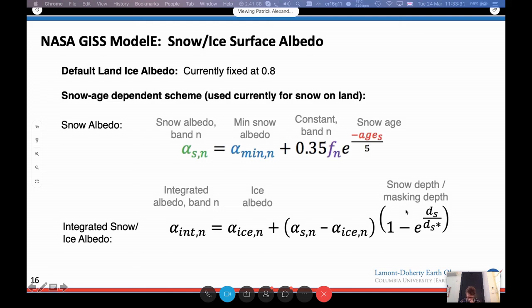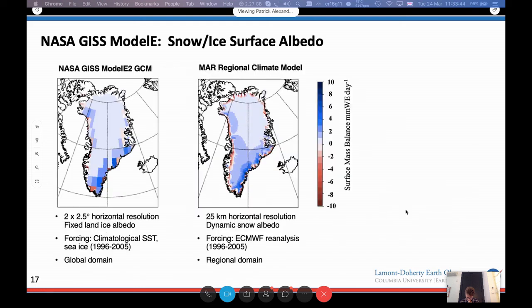So here, I'm going to show you some comparisons between the NASA GISS ModelE GCM and a much higher resolution regional climate model called MAR, or Model Atmospheric Regional. The MAR model has a higher resolution and more detailed physics over the ice sheet.